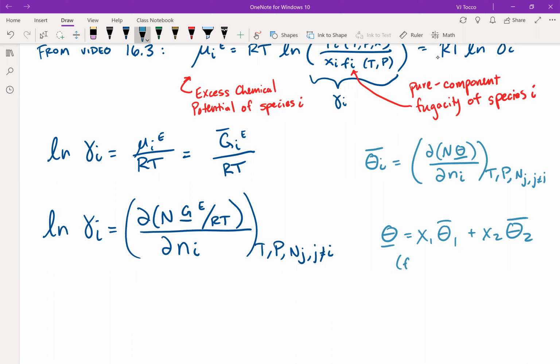This is from class 11. All right, so I can write that a different way. So I can say that if partial molar theta is equal to GE over RT, then I can write this following expression.